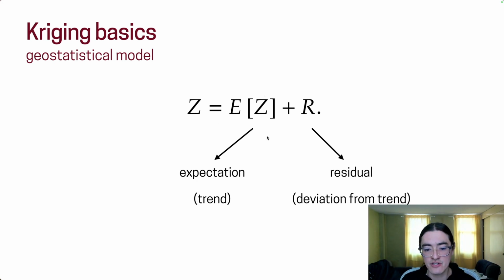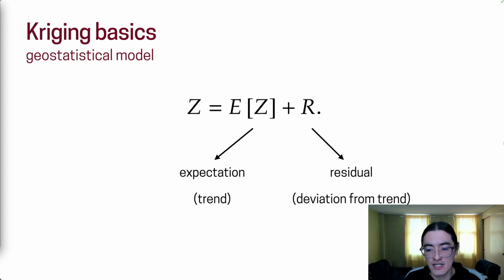First, the expectation or mean, which tells you the overall trend in a certain dataset. And then there's the residual, which is the deviation from the trend. You can think of the expectation as showing you the large scale, the big behavior, and the residual as telling you more about the local variability that you have.